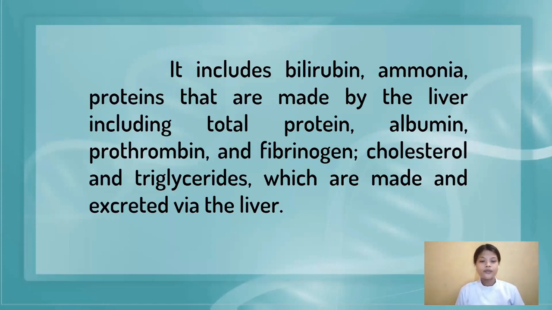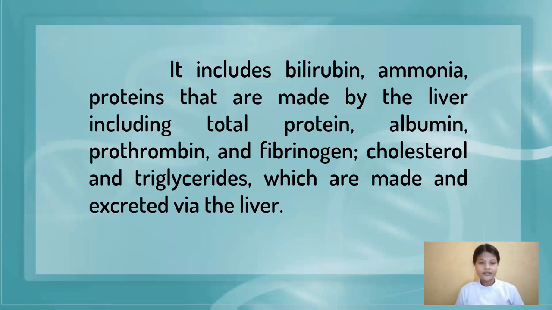Albumin, a protein made in the liver, helps in preventing fluid from leaking out of blood vessels. Prothrombin, a protein involved in blood clotting. And lastly, fibrinogen, a plasma protein that is produced in the liver and is converted into fibrin during blood clot formation.